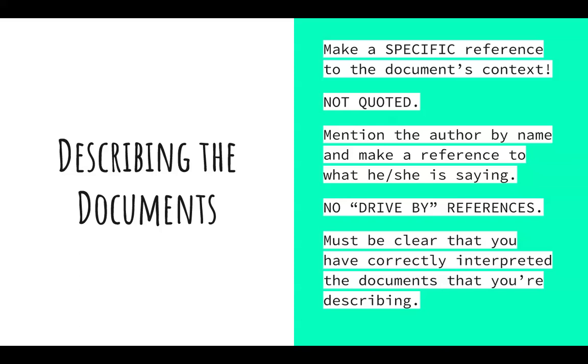It's not the same as English, where maybe you're not wanting to be blunt about it. Be blunt, right? You want to make your reader know, like, yes, I'm bringing it up. I'm describing it right now. And finally, it needs to be clear that you have correctly interpreted the document that you're describing. So you want to have a good idea of actually what it is saying.